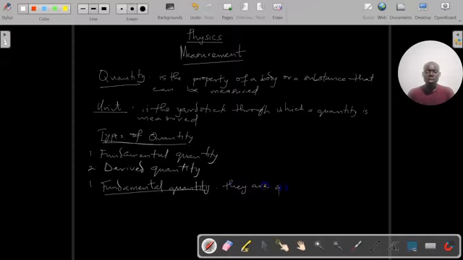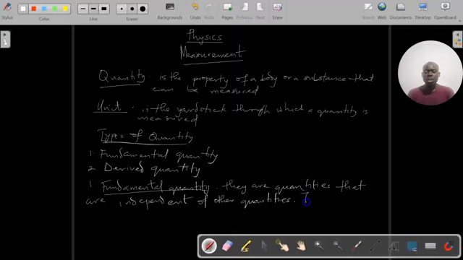What that means is that they cannot be defined or derived in terms of other quantities.